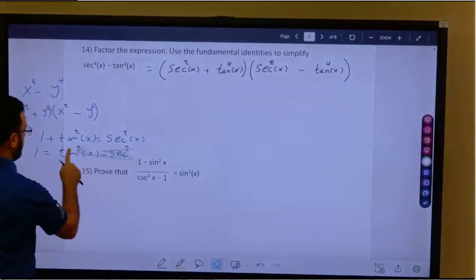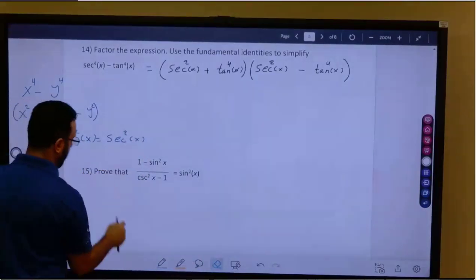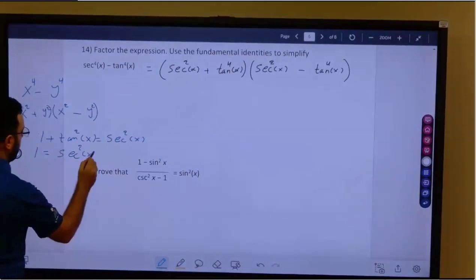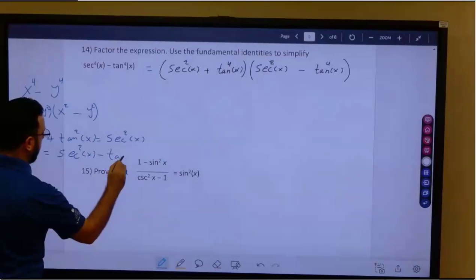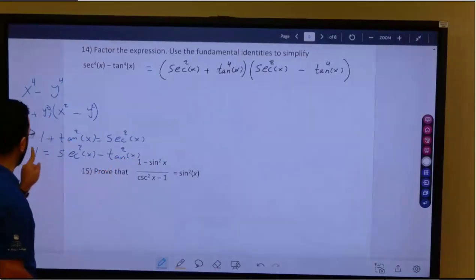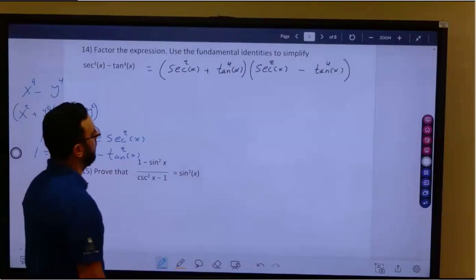So it's going to be secant squared x minus tangent squared x. That means secant squared minus tangent squared is going to be equal 1.